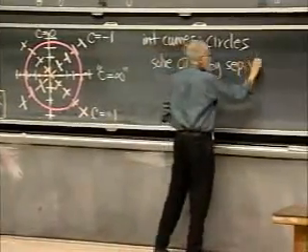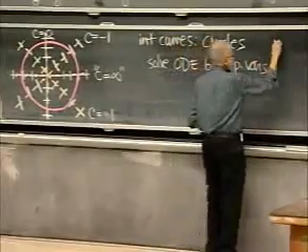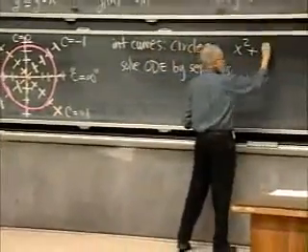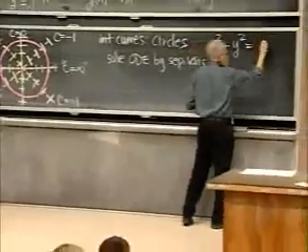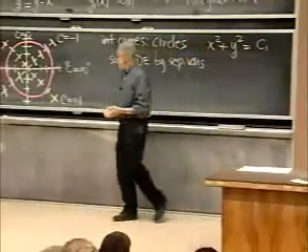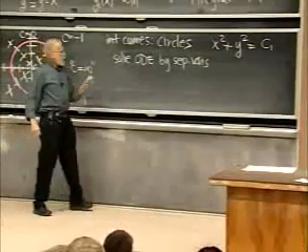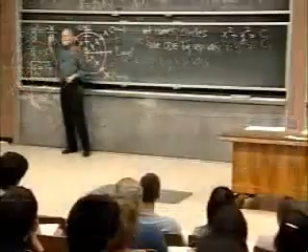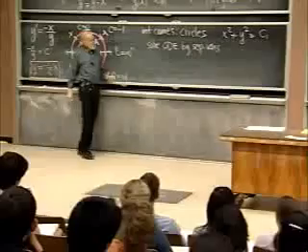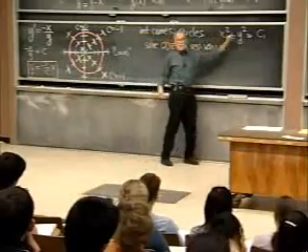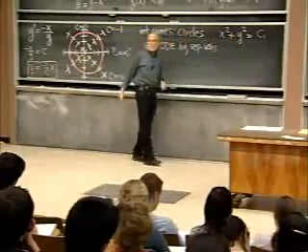In other words, the circles are ones with a center at the origin, of course, equal to some constant. I'll call it C1, so it's not confused with this C. They look like that, and now you should solve this by separating variables and just confirm that the solutions are, in fact, those circles.